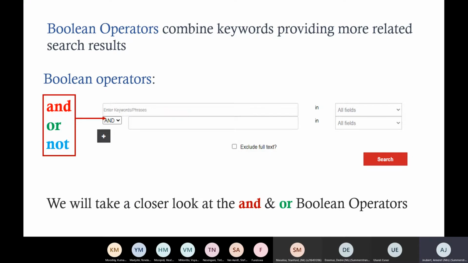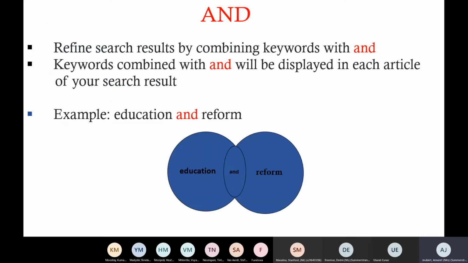I will just look at the and, or Boolean operators. With the and Boolean operator, you can refine search results by combining keywords. Keywords combined with and will be displayed in each article of your search result. In other words, when you look at education and reform, both the keywords will be in each article of your search result.